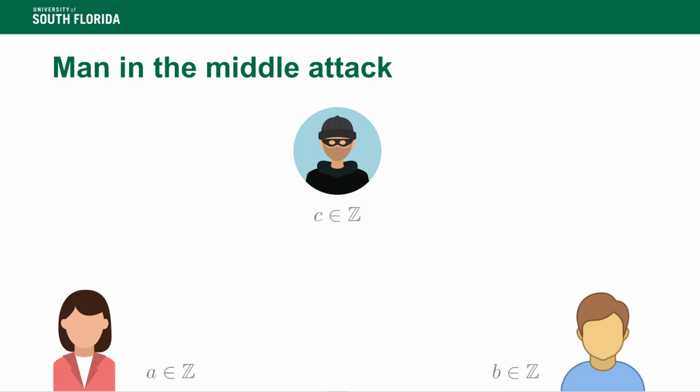Assume that the adversary intercepts the communication and plays the protocol with both Alice and Bob, pretending to be Bob when talking to Alice and pretending to be Alice when talking to Bob. Such an adversary can create a shared session key with both Alice and Bob, by impersonating them both.